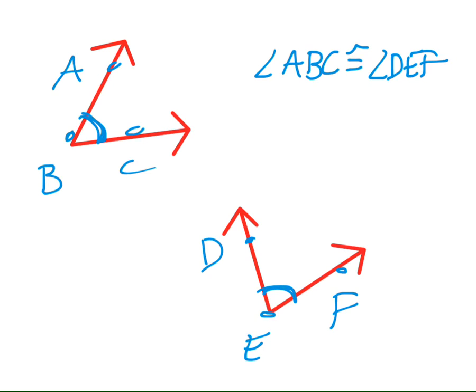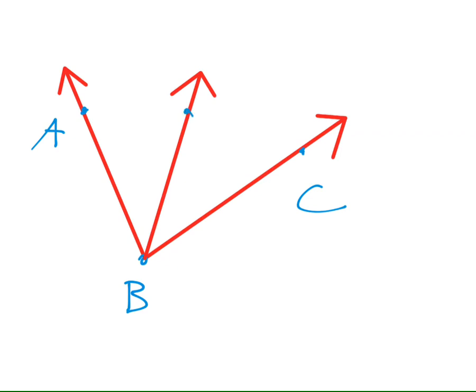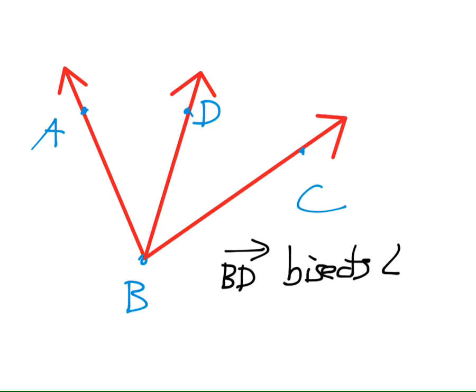We also have angle bisectors. Here I have angle ABC. If I said ray BD bisects angle ABC, BD bisects angle ABC.